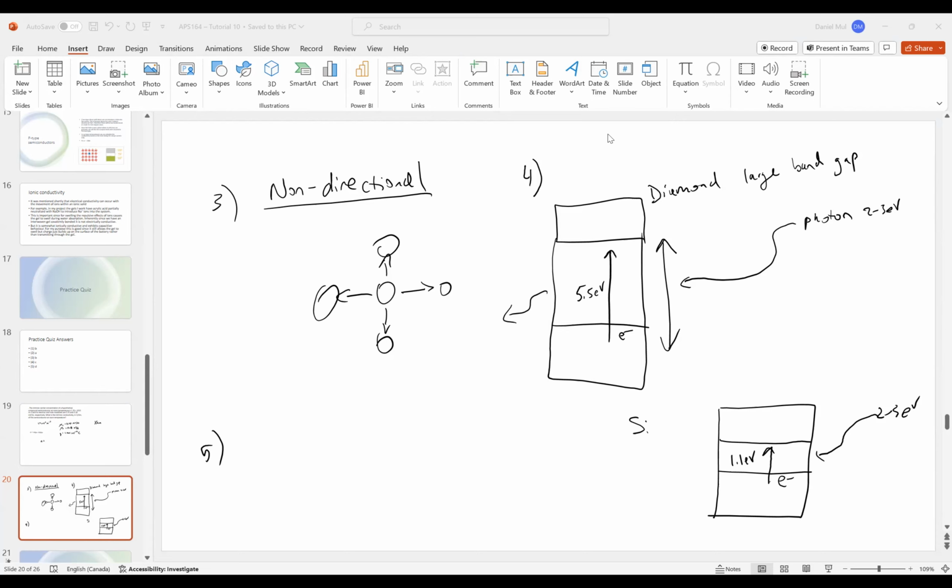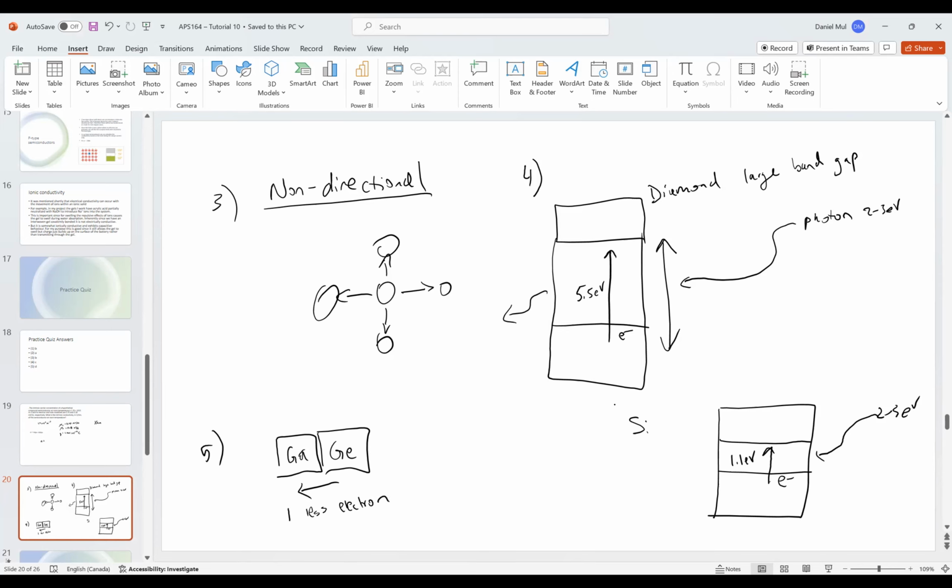Since we look at the periodic table, gallium is behind germanium, so it has one less electron.